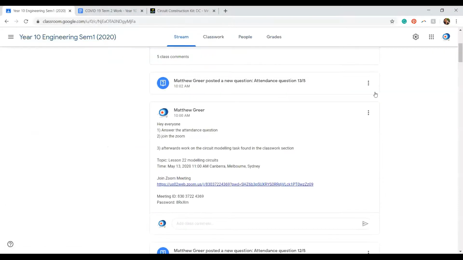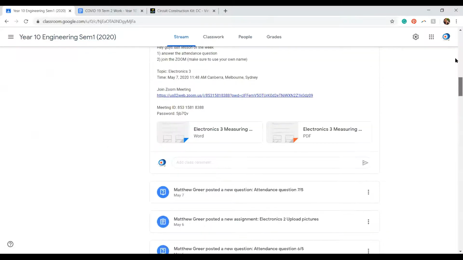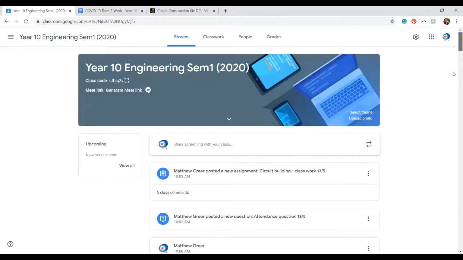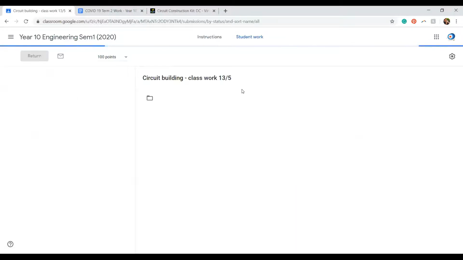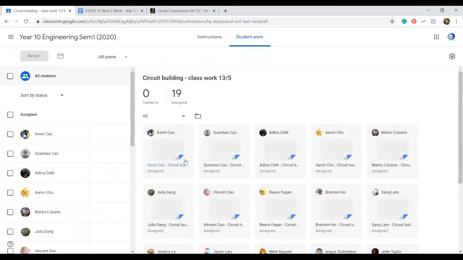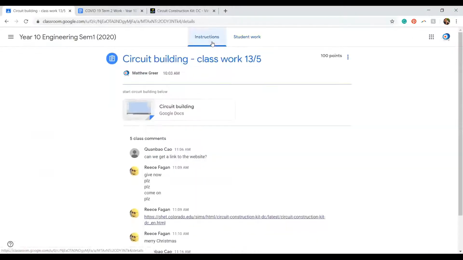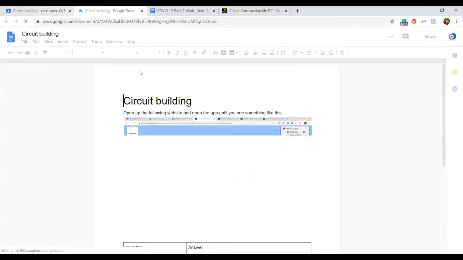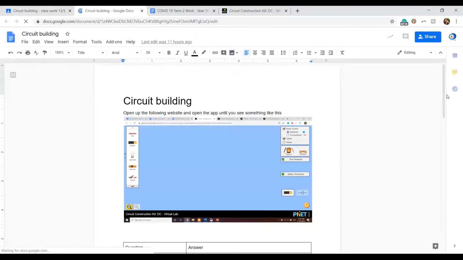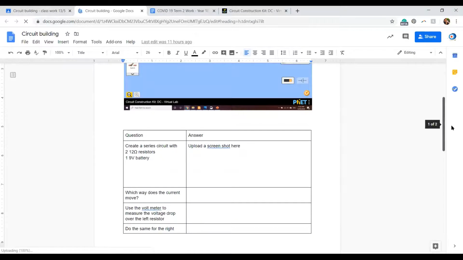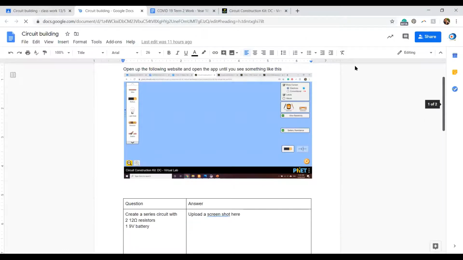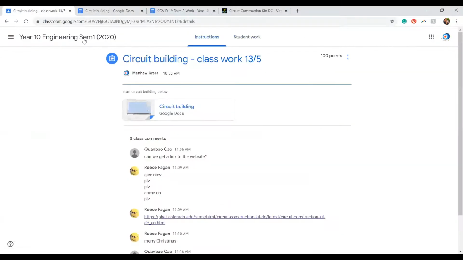What we're going to be doing today is I've set this task here, a circuit building activity. What I've sent to each of you is a folder that looks like this. And in that folder, there is a bunch of random questions, and it's all based off this.